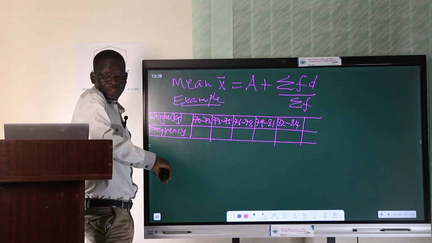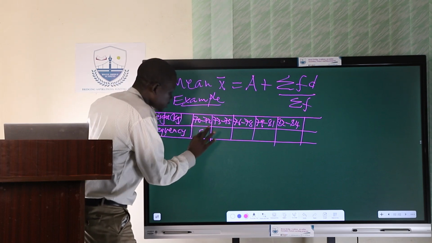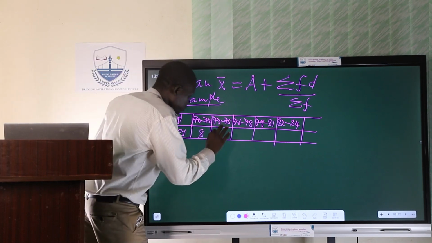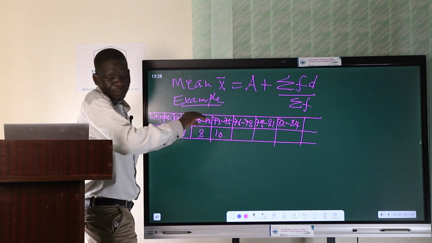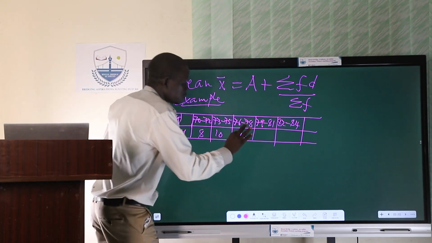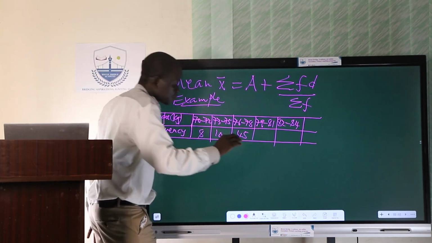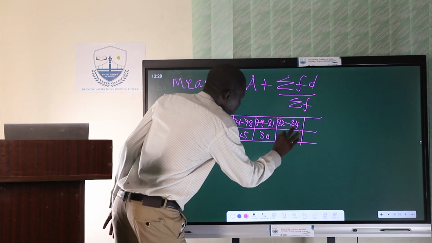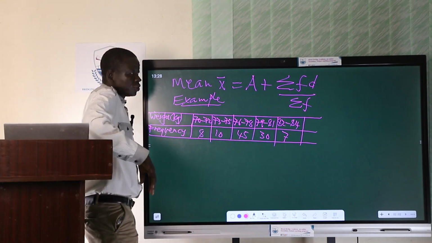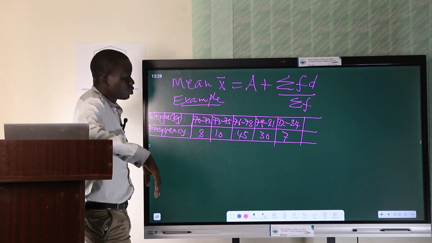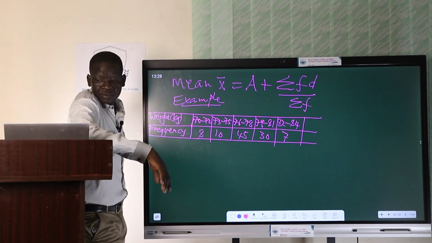Then the frequency values are here: we have 8, we have 10, here we have 45, then we have 30, and then 70. This is the table of values.